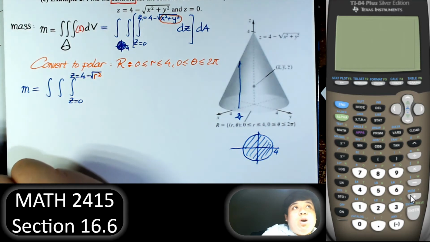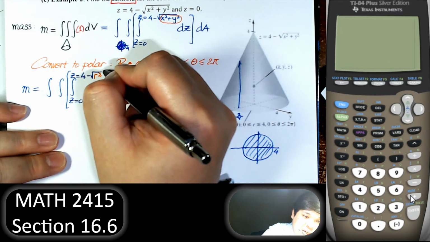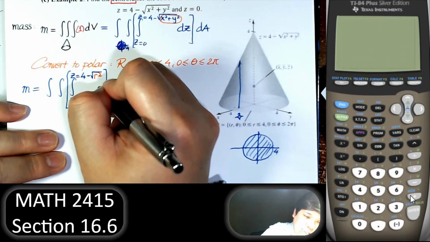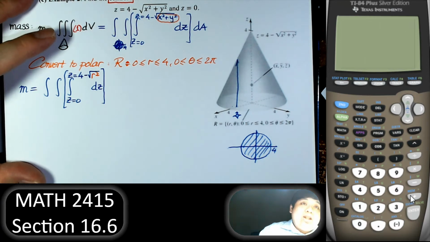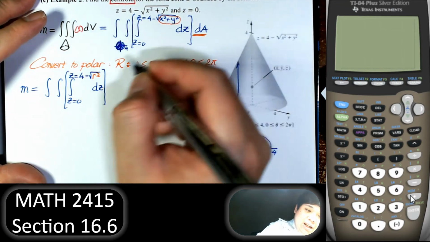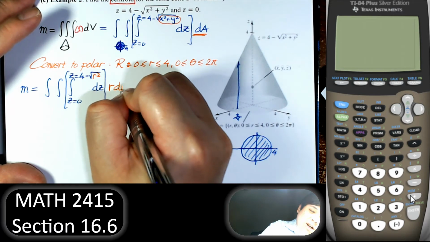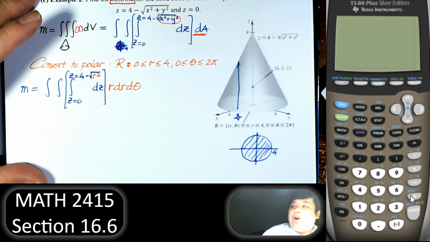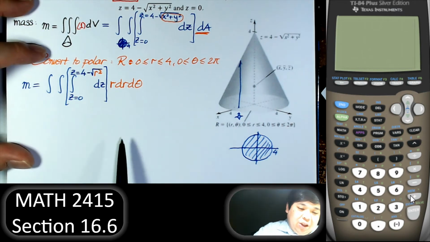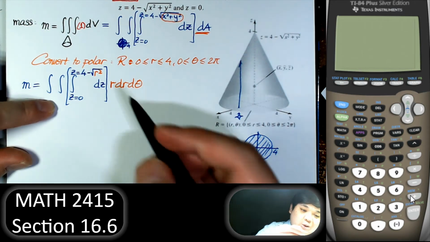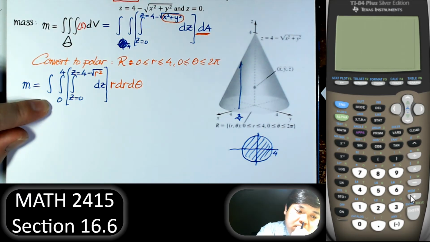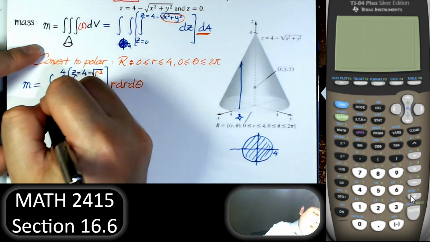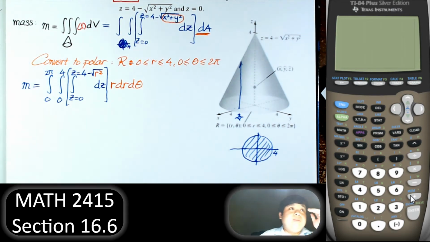Yeah, we convert to polar, we can take care of that. Right, easy. Just one thing though. In polar, dA is r dr d theta. So don't forget that r. The limit for r is 0 to 4, and the limit for theta is 0 to 2 pi. So that is the mass.